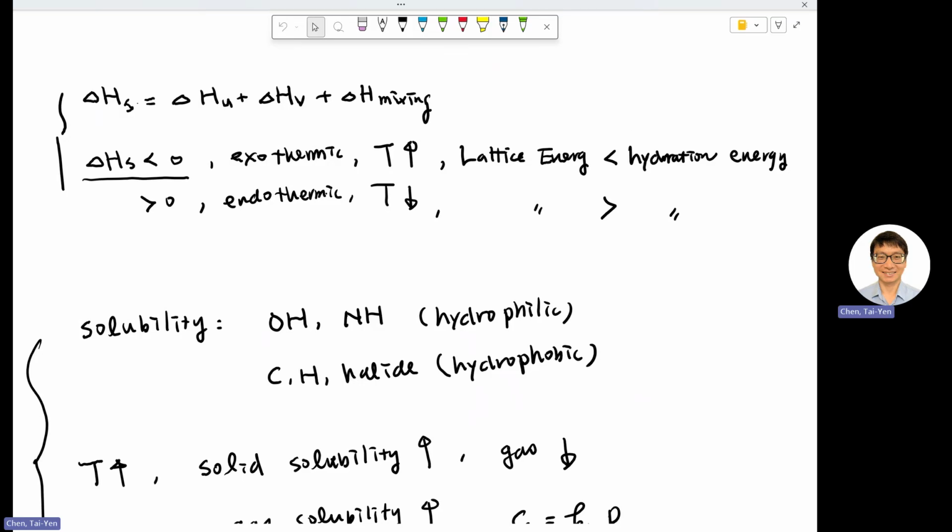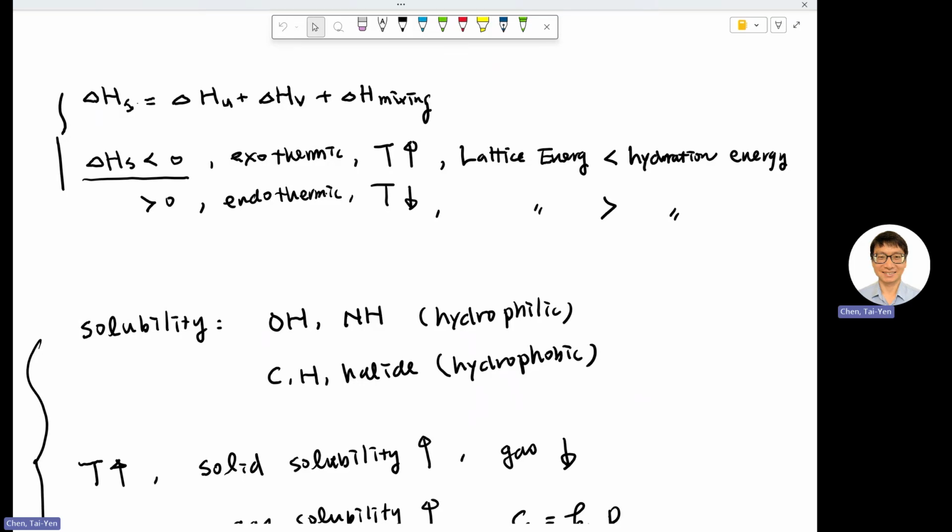We have a name called the lattice energy for the delta H solute, and hydration energy for the delta H mixing. Depending on the relative amplitude of delta H solute and delta H mixing, your delta H solution could be either positive or negative. If your delta H solution is positive, we call it an endothermic process, and the net result is that the temperature of your solution will decrease after you mix them.